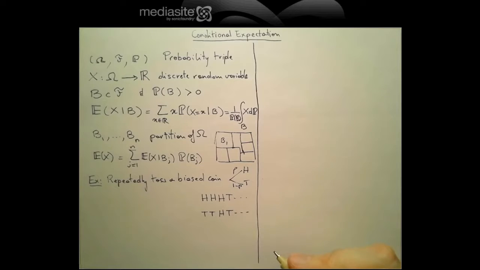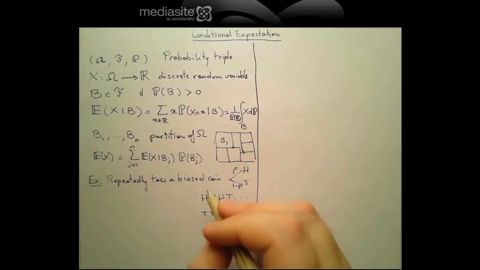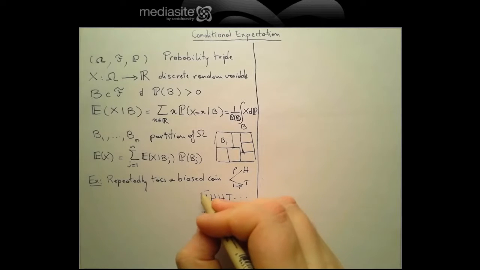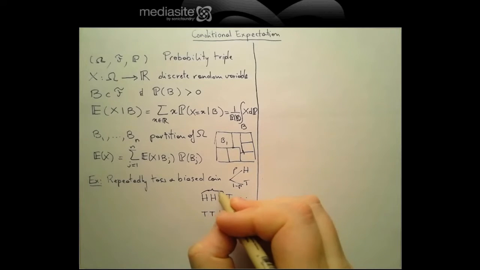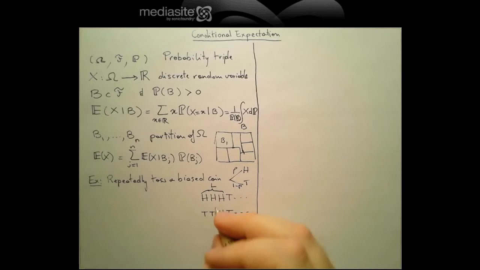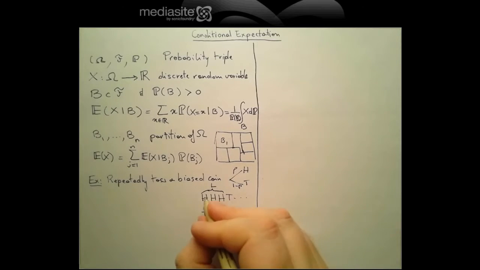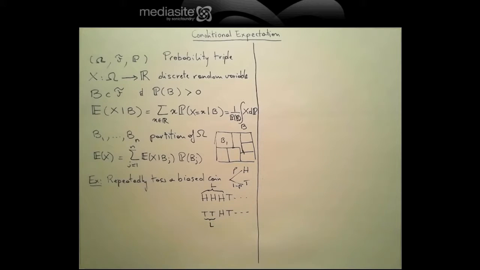These are the typical outcomes. Now, I'm interested in the length of the initial run, so I'm going to call this L, the length of the initial run.